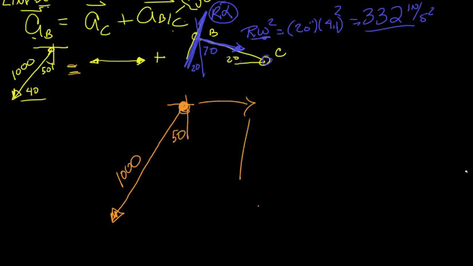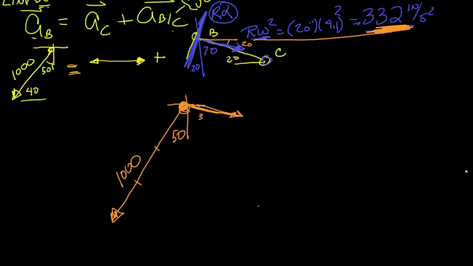So we know we're going to add these other vectors, and they've got to take us back to where this one ends. Right? Adding these tip to tail is equal to that. Let's start with one of the ones that we know, which is this one. That'll make it a little bit easier. So at 20 degrees below the horizontal, I'm going to go 332, so I'll make it roughly a third of this size. So that'll take me about to here.